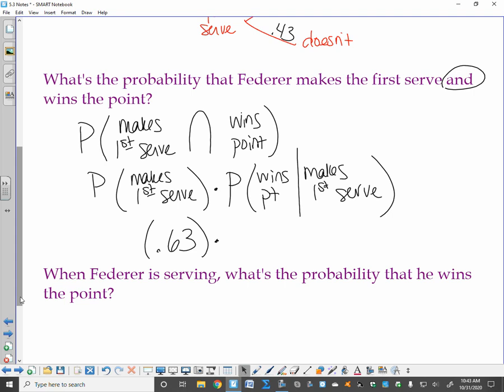So the probability that he wins the point given that he made his first serve is the 0.78. And this gives me 0.4914. And I don't know why I went 4 decimal places, but I did. You have to be accurate to 3 decimal places. So I have a lot of students in the past who'll just go 4 to make sure that they're good to the 3rd decimal place.